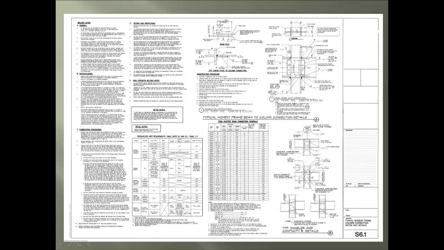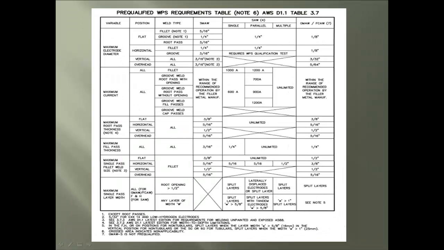Here is an important table, the pre-qualified WPS requirements. This table works by using both the vertical and horizontal columns to come up with the needed answer. So first, there are vertical columns.